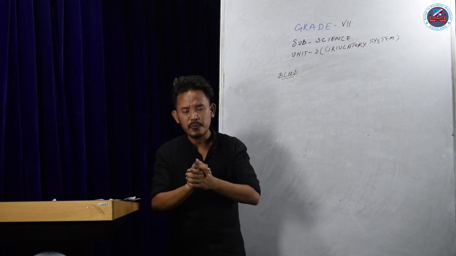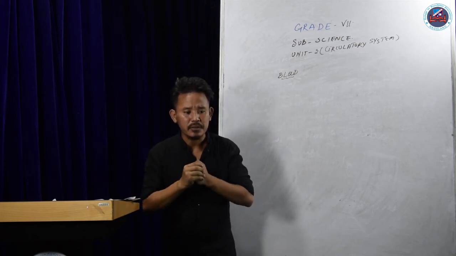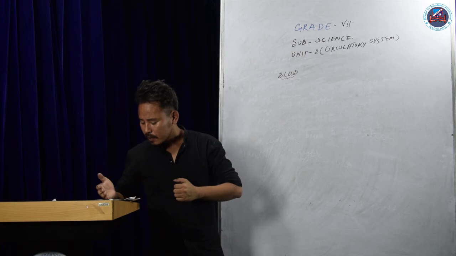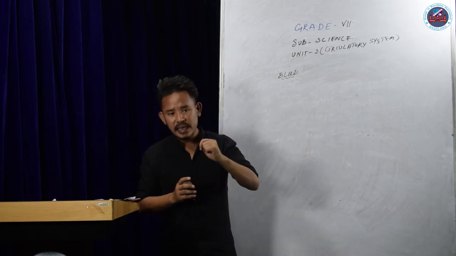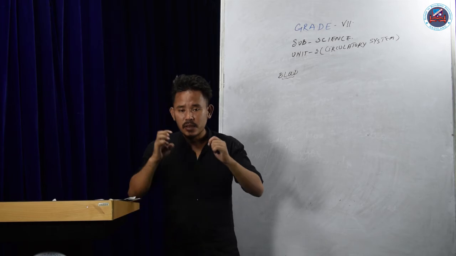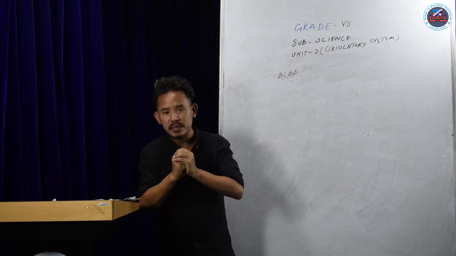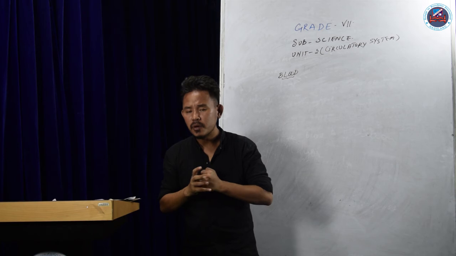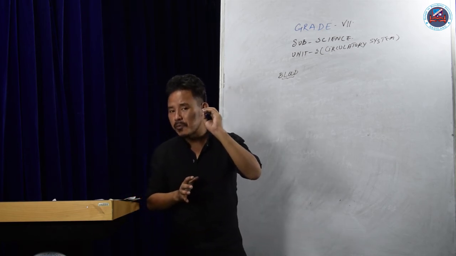When blood flows through the lungs, oxygen diffuses into it, right? And the oxygen combines with the hemoglobin inside the red blood cells. The hemoglobin becomes oxyhemoglobin.